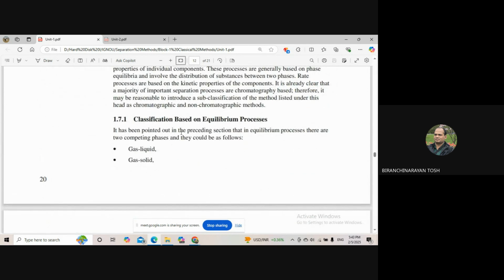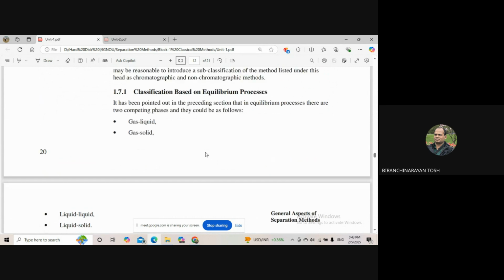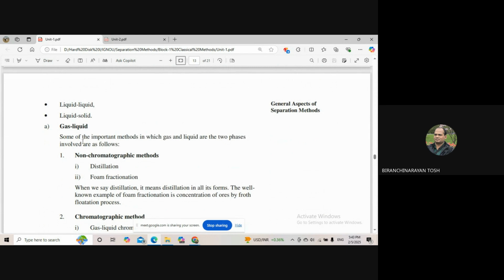It has been pointed out in the preceding section that in equilibrium processes there are two competing phases, and they could be as follows: gas-liquid or gas-solid, liquid-liquid or liquid-solid. In gas-liquid, some of the important methods in which gas and liquid are the two phases involved are as follows.